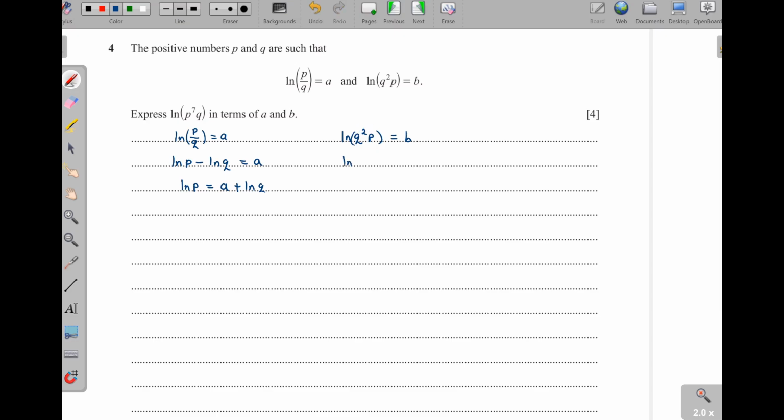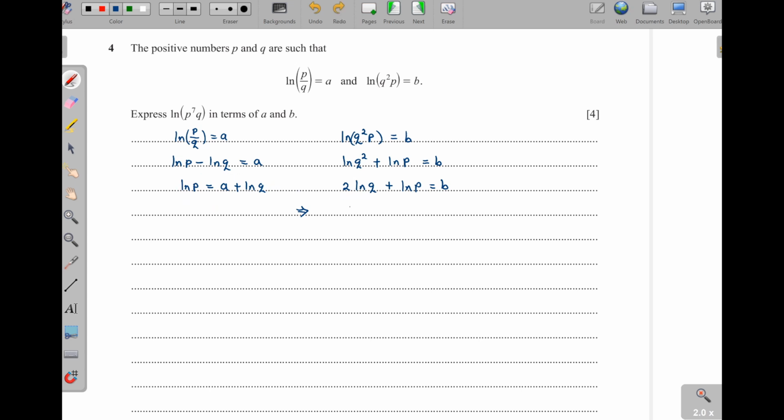That means this comes from the addition of the two logarithms to the same base. Then you can bring this one down here. So that is 2 natural log of q plus natural log of p, which is equal to b. And so now we can substitute this one in here.